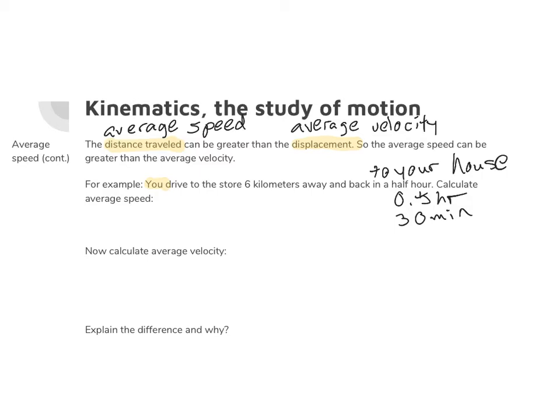So remember that your average speed is your total distance. We went 6 kilometers to the store and 6 kilometers back, so our total distance would be 12 kilometers. So we went 12 kilometers in a half hour. Go ahead and calculate your average speed.